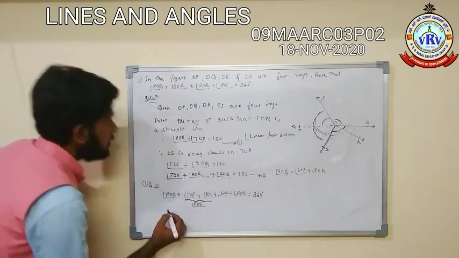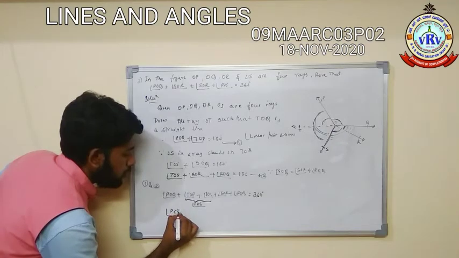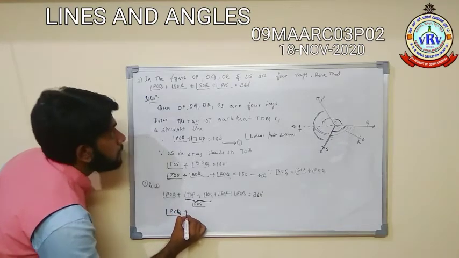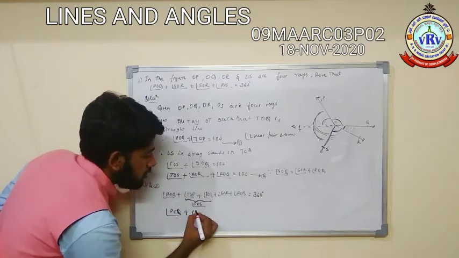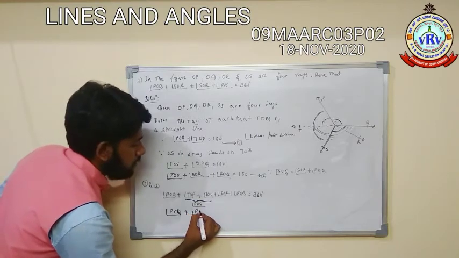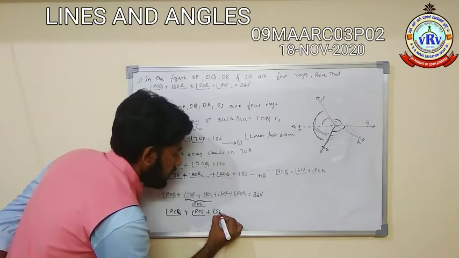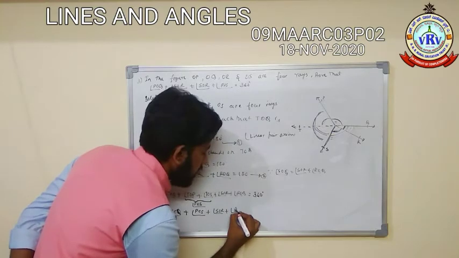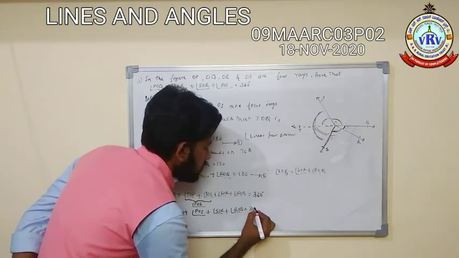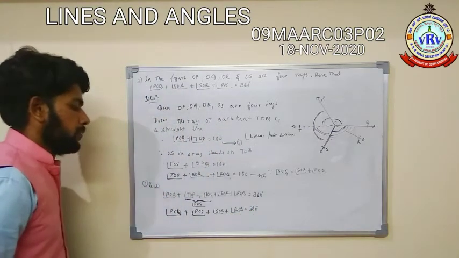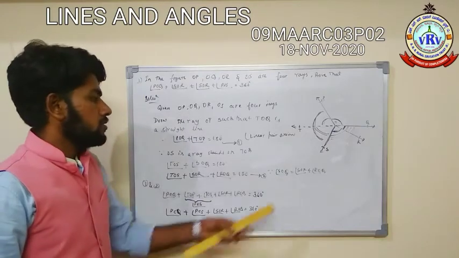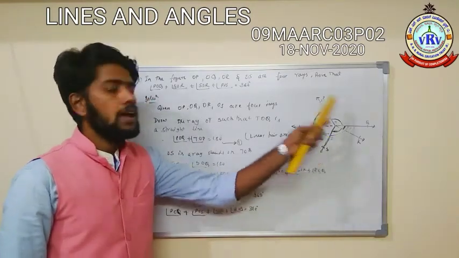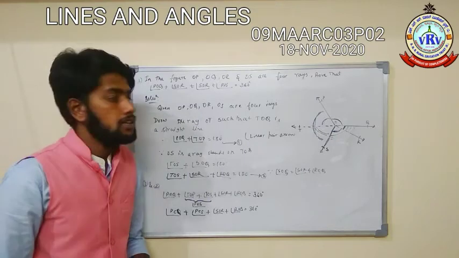Okay, that means angle POQ plus angle POS plus angle SOR plus angle ROQ is equal to 360 degrees. So we got all the angles sum is equal to 360 degrees.